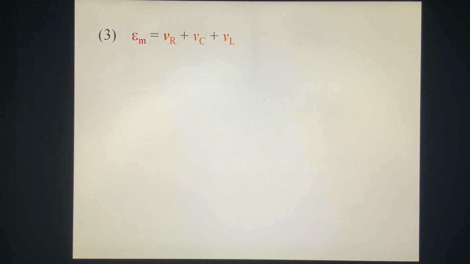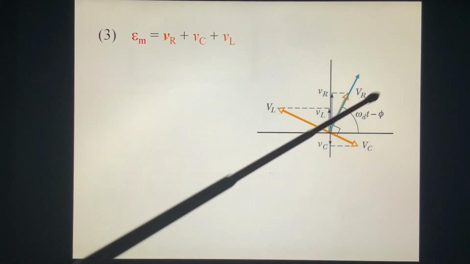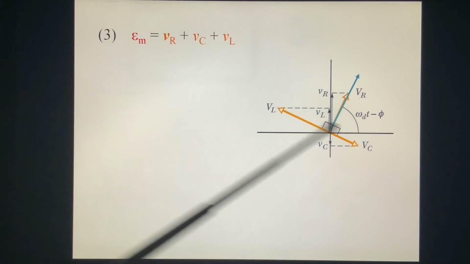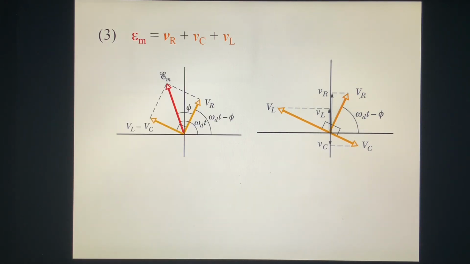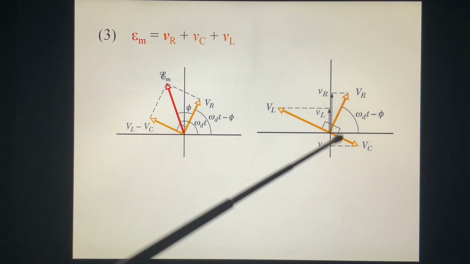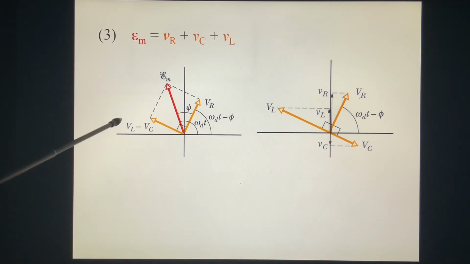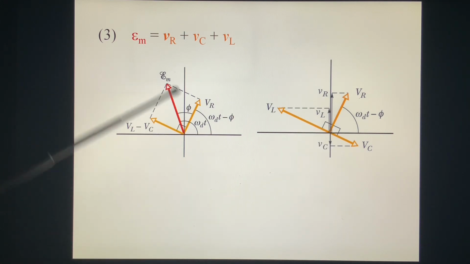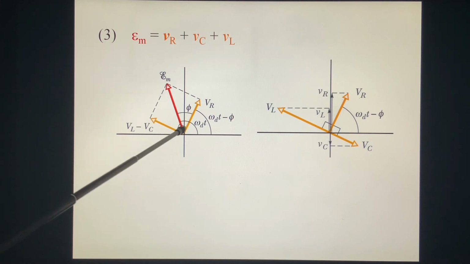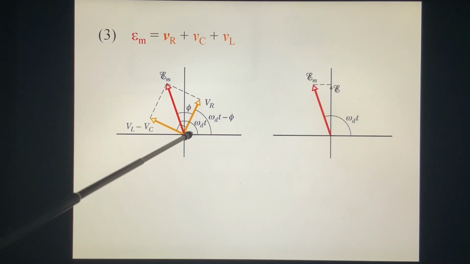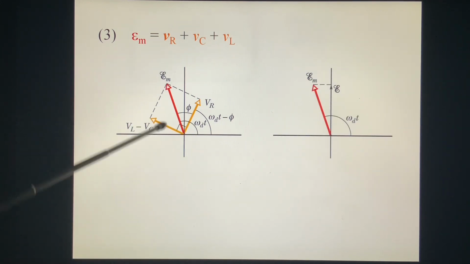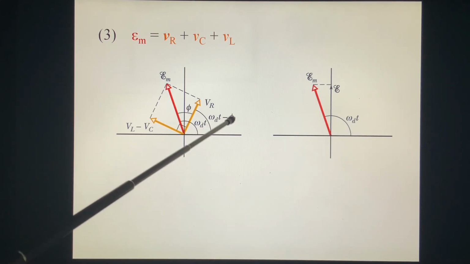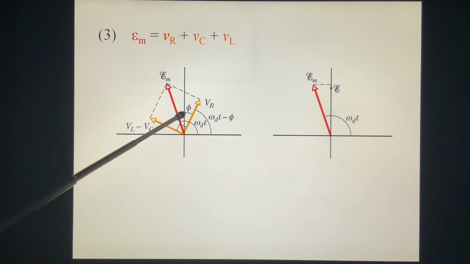Then we use this equation: the total V equals the sum of the three, epsilon equals the sum of three. VL and VC are on the same line, so epsilon is the vector sum of VR and the difference of VL and VC. This is I. This should be omega t, the I direction, and this angle must be phi.